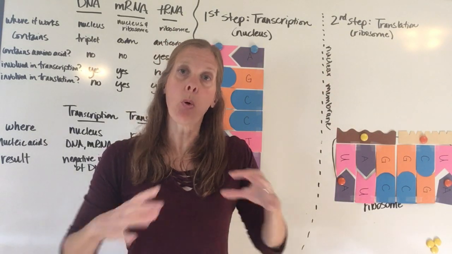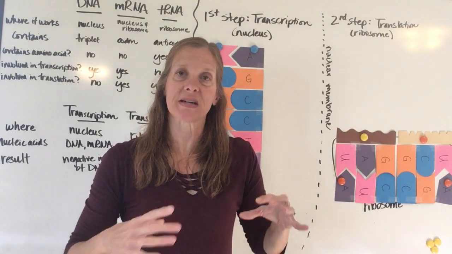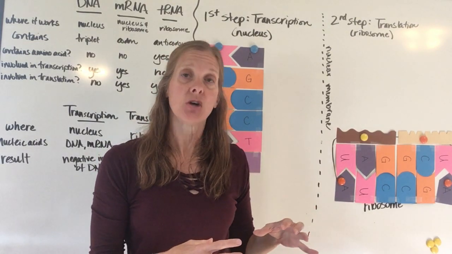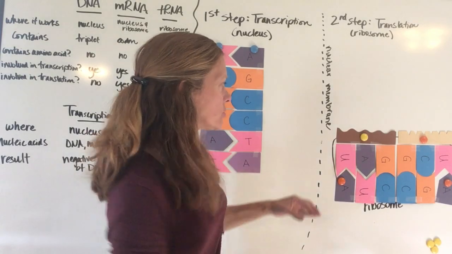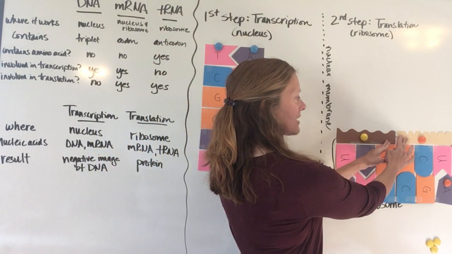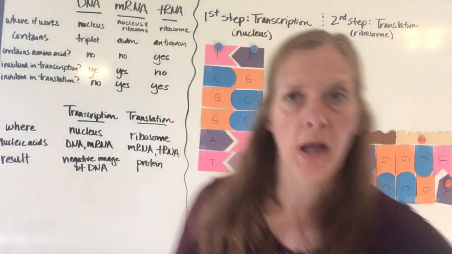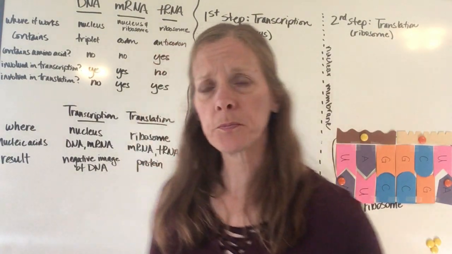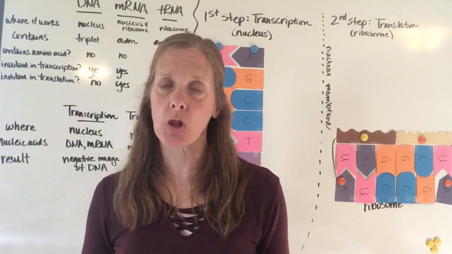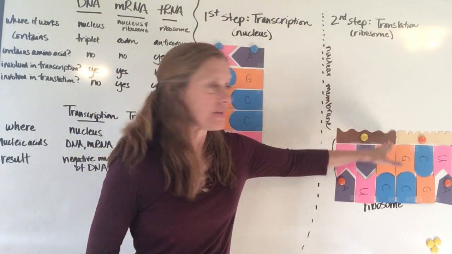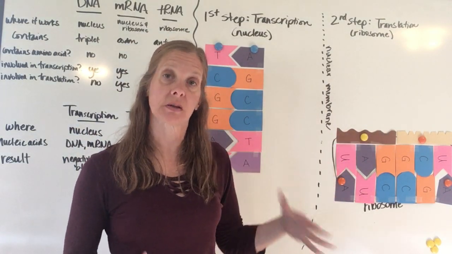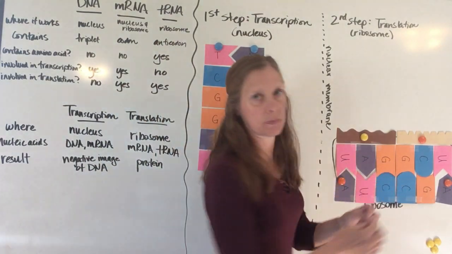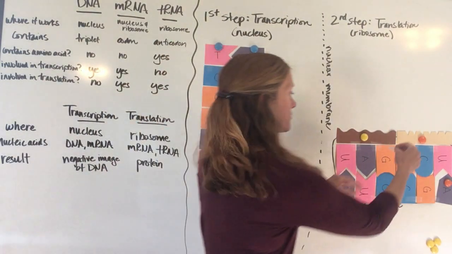Well, remember, the whole point of this process is to assemble amino acids to make proteins. And so now these amino acids are right next to each other, and so you're going to have, again, another enzyme that's going to come along, and it's going to bond these amino acids together in what's called a peptide bond. Again, in our case, we're using Scotch tape.